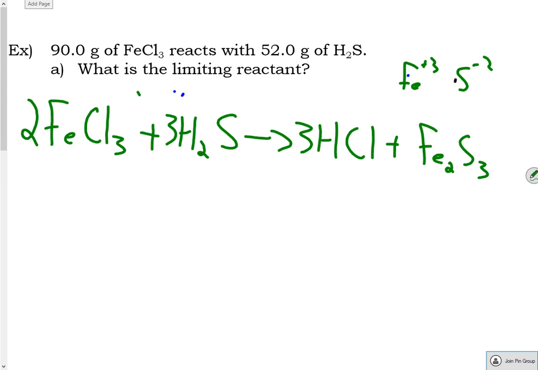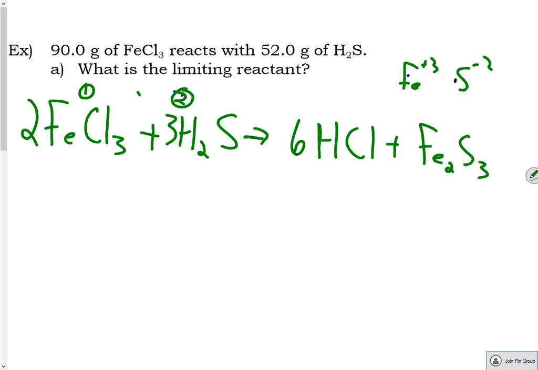So here I have 6 hydrogens, 6 chlorines. So I need to think of this. That should be a 6. So I have 6 hydrogens, 6 chlorines, 2 irons, 3 sulfurs. So this is balanced. So this will be my number 1. This is my number 2.